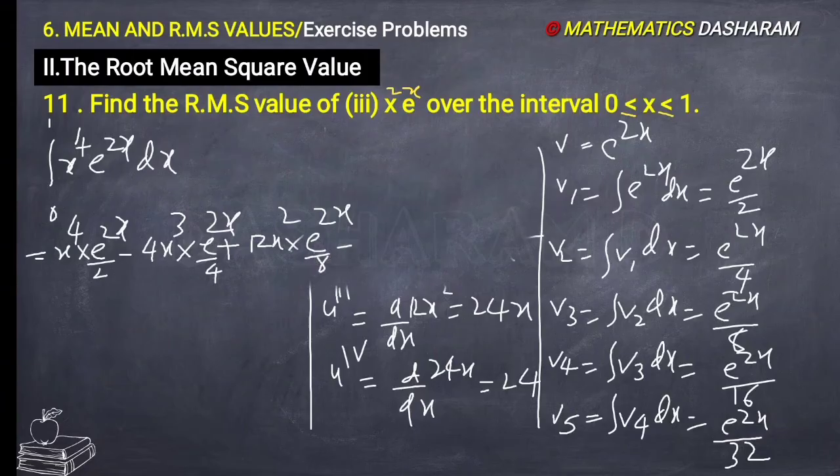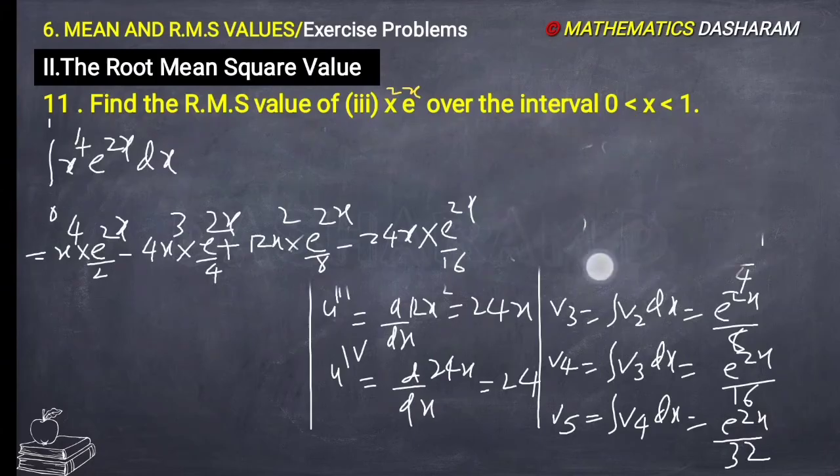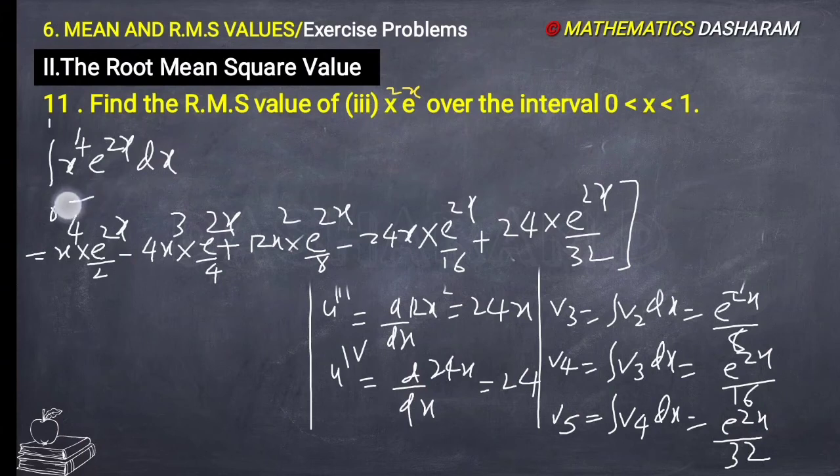Next, minus u triple dash, that is 24x, into v4, e power 2x divided by 16. Next, plus the fourth order derivative 24 into e power 2x divided by 32, and the limits are 0 to 1.